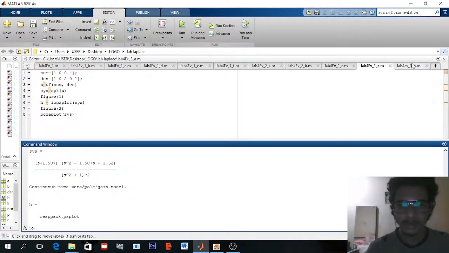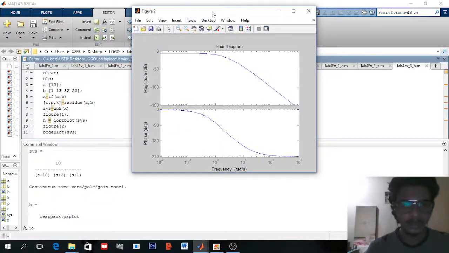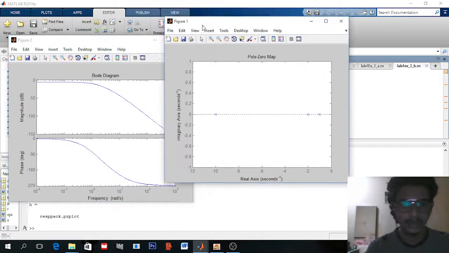So for 3B, clear CLC to clear out the window, numerator, denominator, transfer, residue. Okay, pzplot, figure, bode plot for the system. Okay, 2 diagrams here.